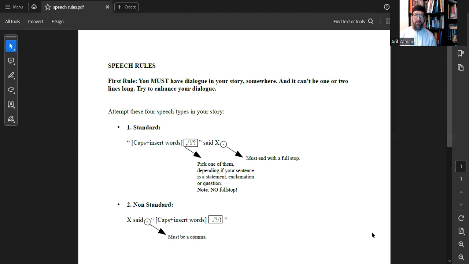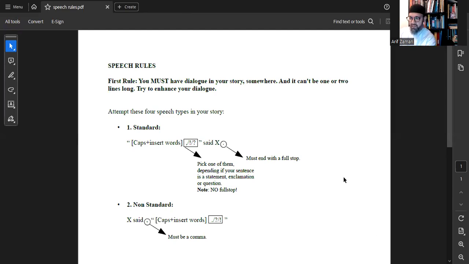So I'm immediately going to go to a share screen, and what I'd like you to try to do is utilize 4 different types of speech rules. There is possibly a fifth as well.